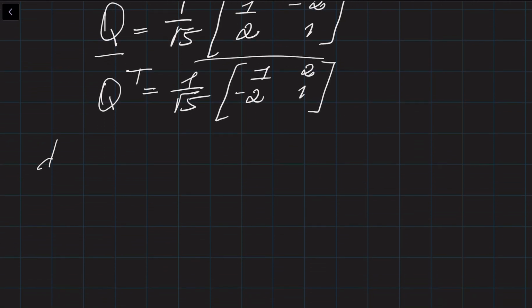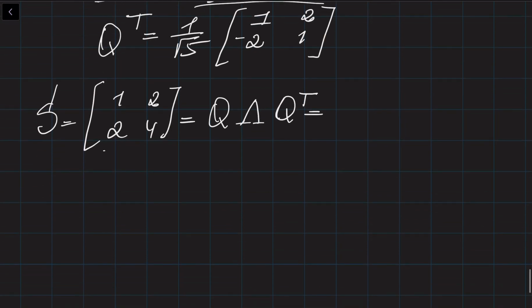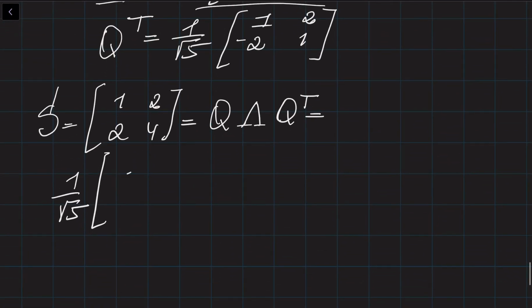So our symmetric matrix S, with the components 1, 2, 2, 4, can be written as the multiplication of Q, lambda, and Q transpose, where Q is equal to 1 divided by the square root of 5 times the matrix with columns 1, 2 and minus 2, 1.